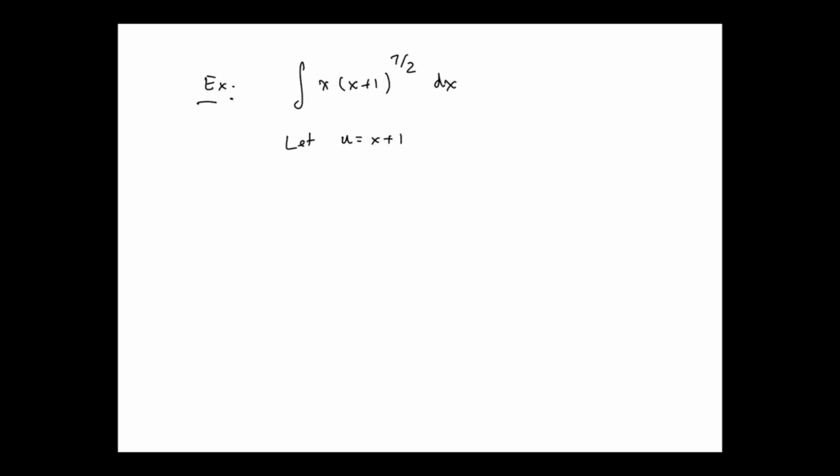That's the only thing we could possibly do here, and that's fine. What's du? dx plus nothing, right? Because it's a differential, not the integral. So this integral would be x times u to the 7/2 times du.